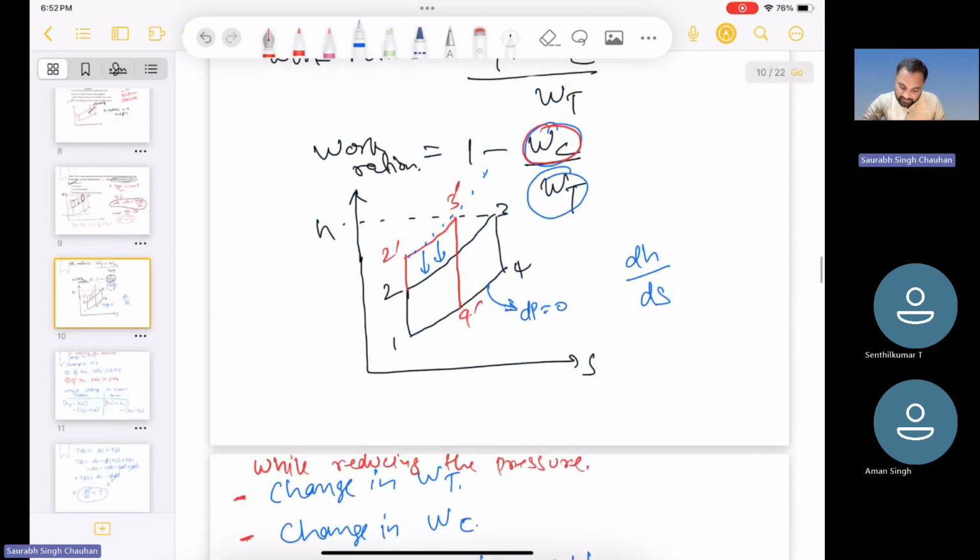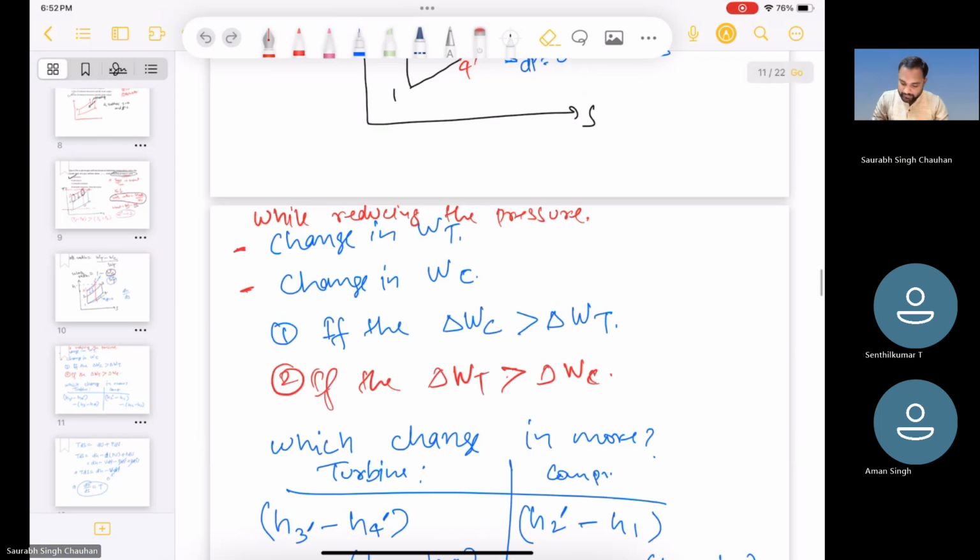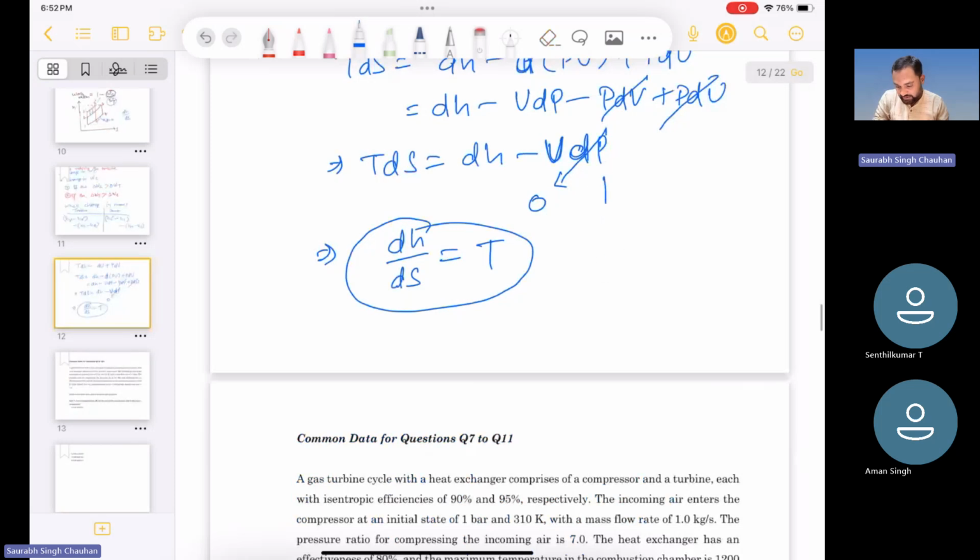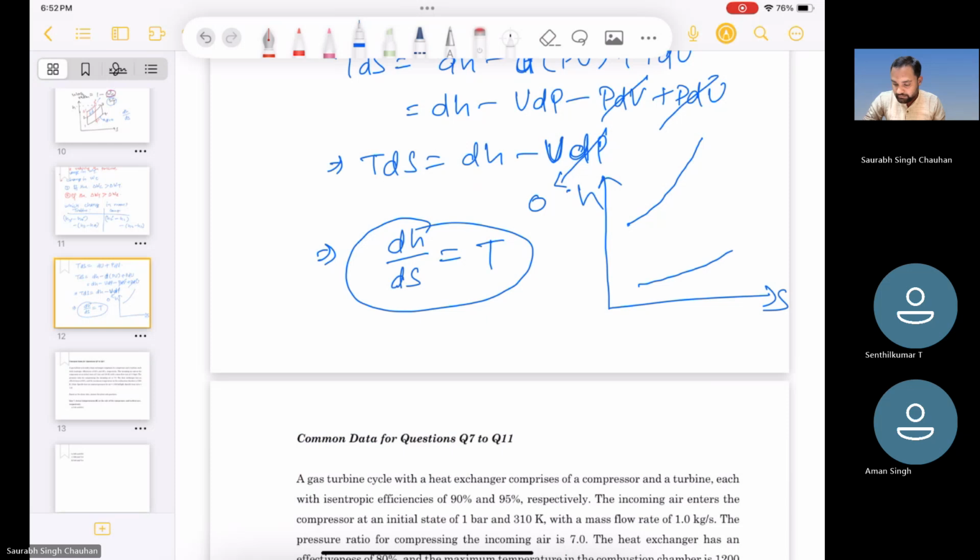So these curves should be something like this. This slope will be more and this slope will be a little less. Now, if I try to make the diagram, at higher temperature it will be a little flat, something like this, right?